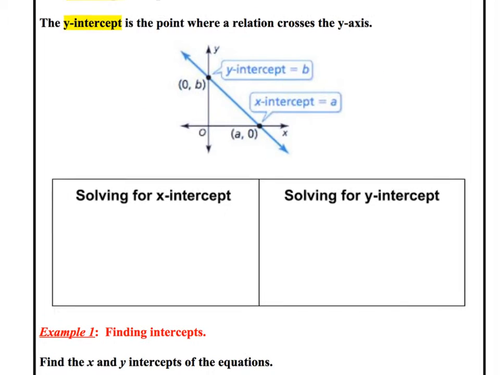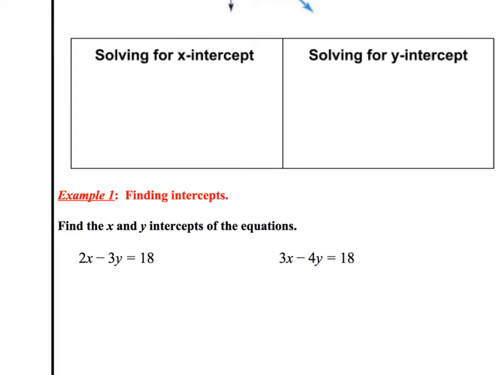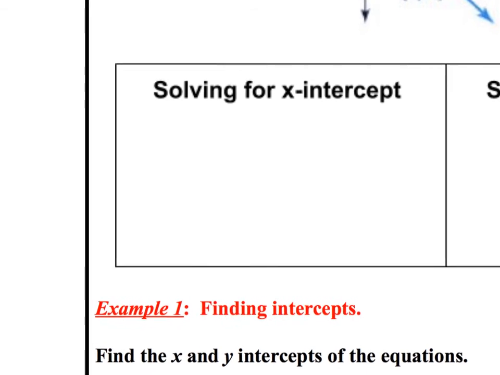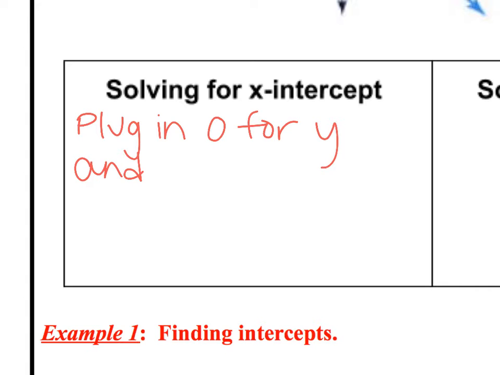Here's how we solve. So I need you to write down these steps. That way when you forget, you can look back at these notes later and they'll actually tell you what to do. So when we're solving for the x-intercept, we plug in 0 for y, and then we solve for x.